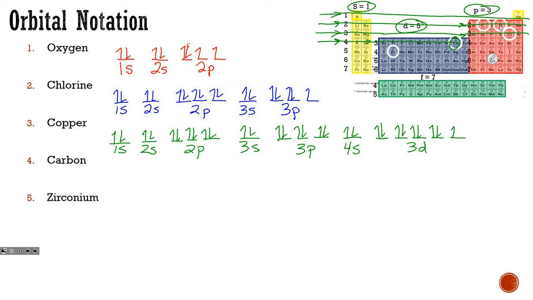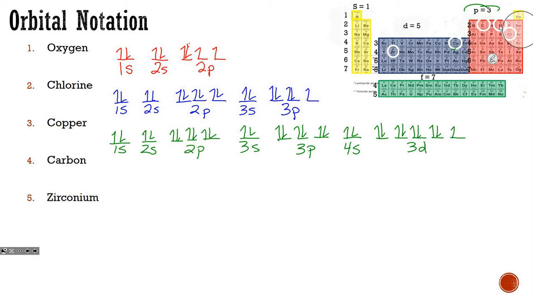Okay, so I want you to try, well, let's do carbon together because it's a harder one. And then we'll go from there. So carbon, let's see, erase this. Okay, carbon we start up here and it is right here.